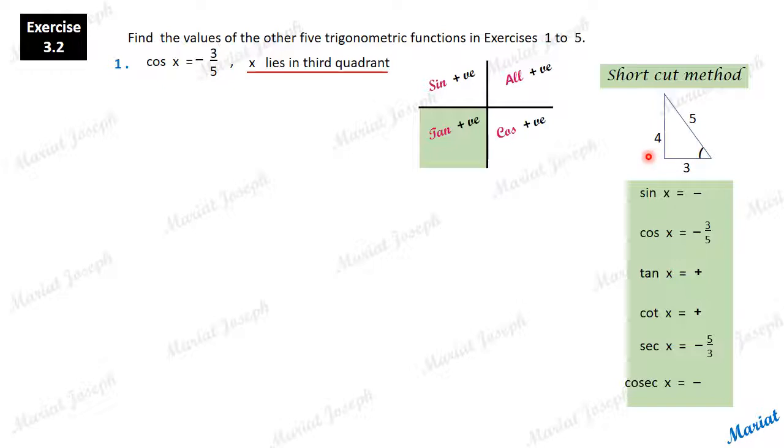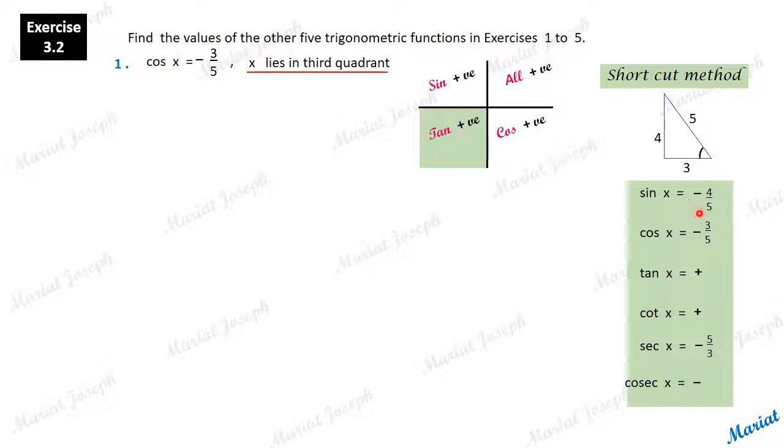Third side is ready. So, sin x must be then opposite side by hypotenuse, so 4 by 5. But realize, we had already assigned the sign minus here. This triangle method, the shortcut, will provide only the numerical value. The sign, plus or minus, we should assign using this concept, looking at the quadrant given to us.